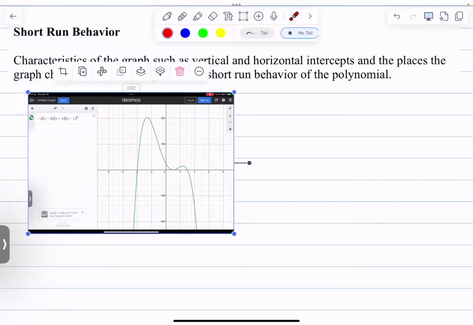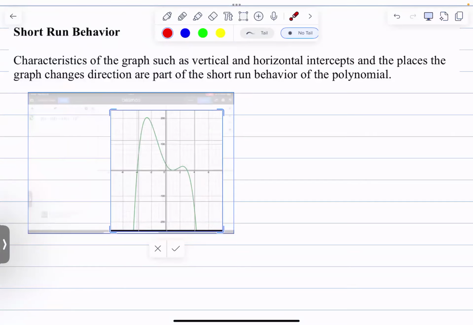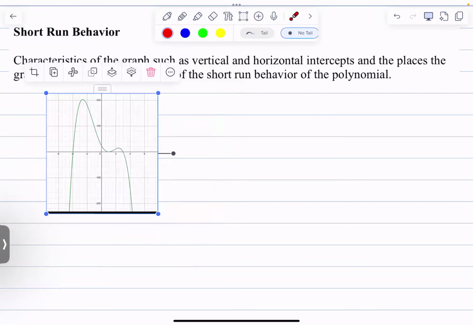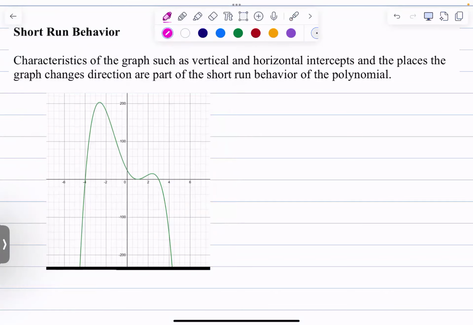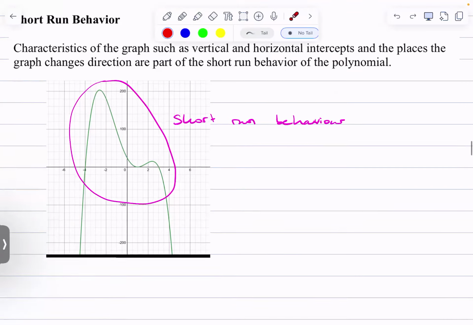So here, this is the short run behavior. We can have horizontal intercepts, vertical intercepts, and turning points, all that kind of fun stuff.